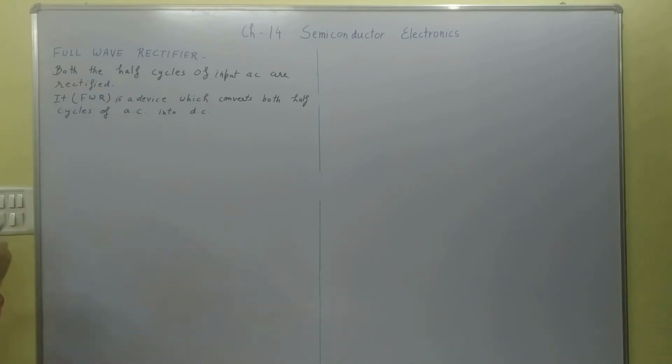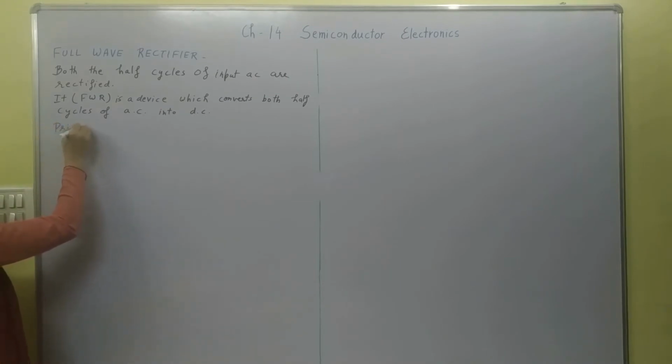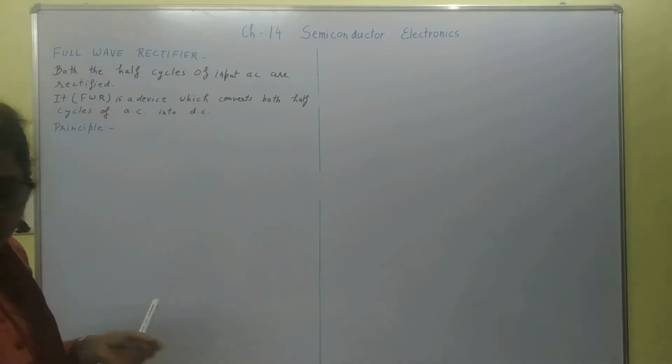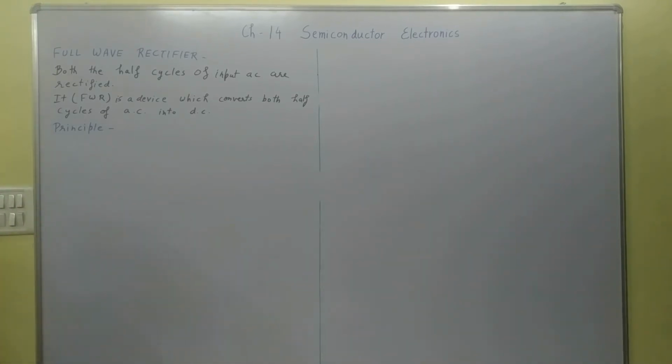So what is the principle? The principle is the same as that of the half wave rectifier: a PN junction diode conducts in forward bias and does not conduct in reverse bias.